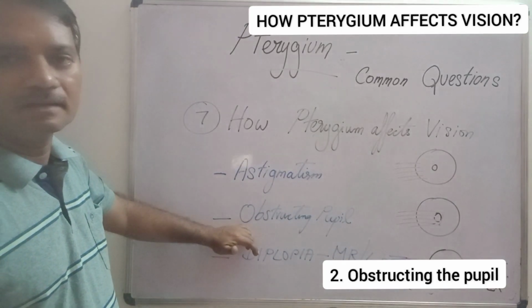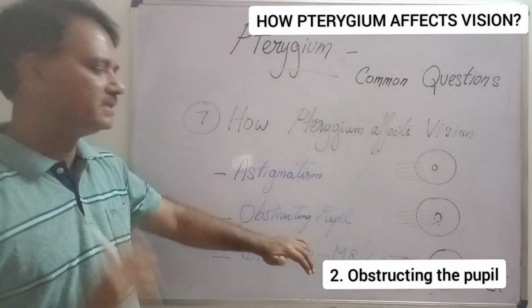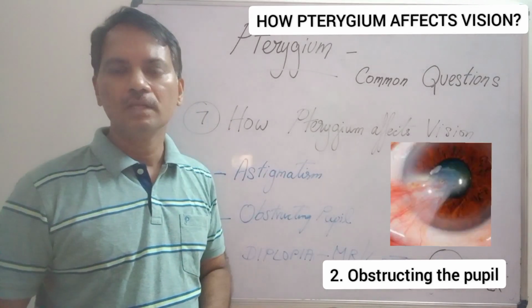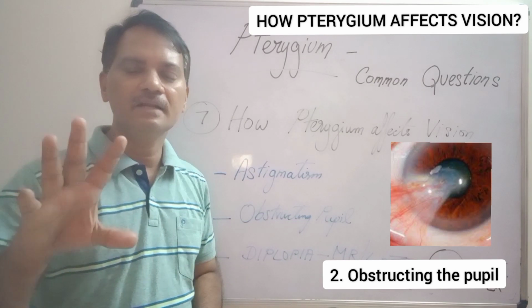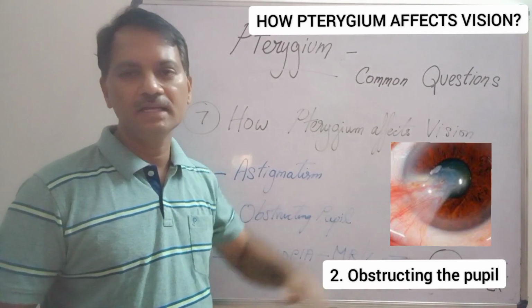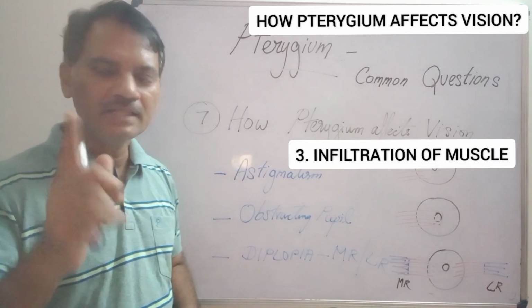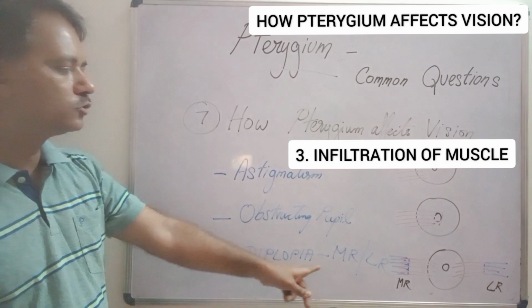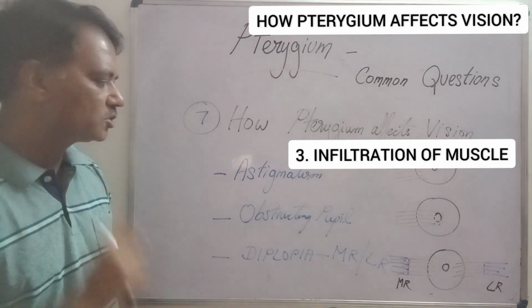Pterygium can grossly reduce the vision by growing above the pupil so that the light rays entering the eyes are totally stopped. This can lead to blindness in a patient. Pterygium not only grows into the cornea, it grows towards the canthus also.